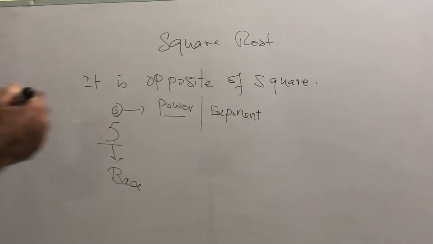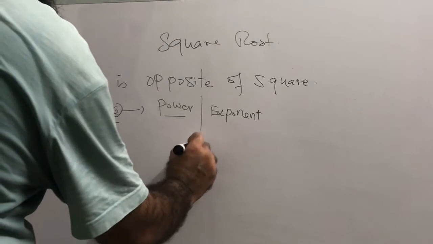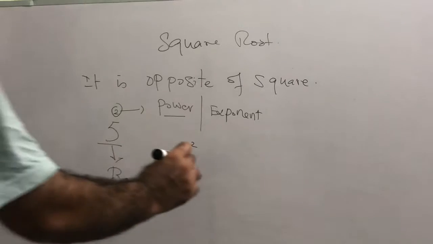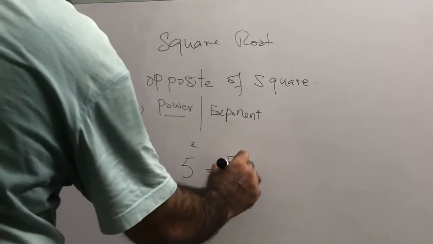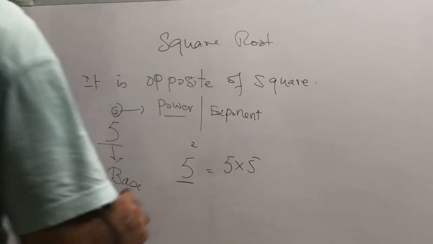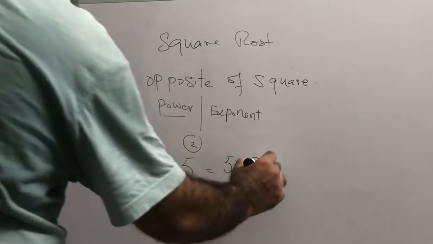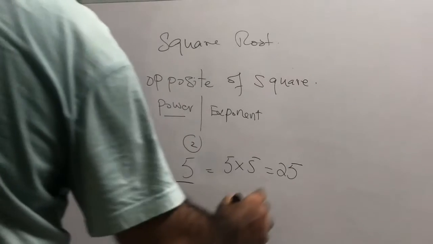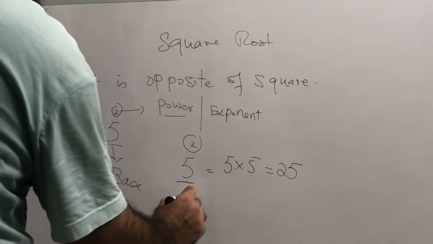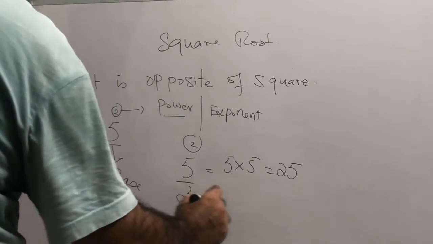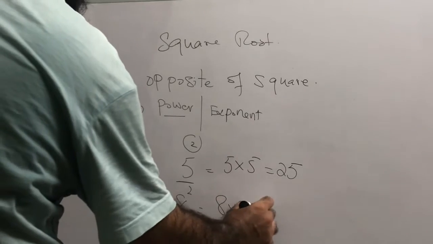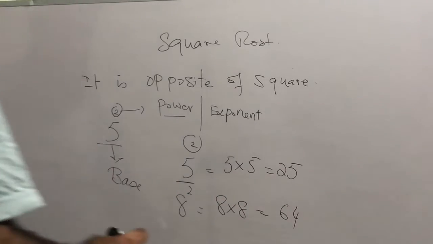When the power or exponent is 2, we say it is a square, so we write it twice. 5 into 5, the base gets multiplied 2 times, which is 25. If we have 8 power 2, 8 square, we write it as 8 into 8, which becomes 64.